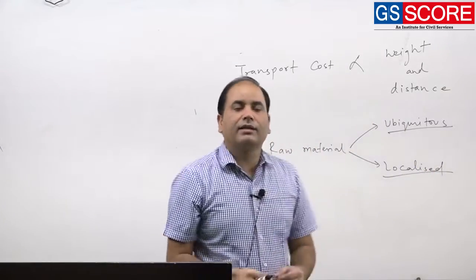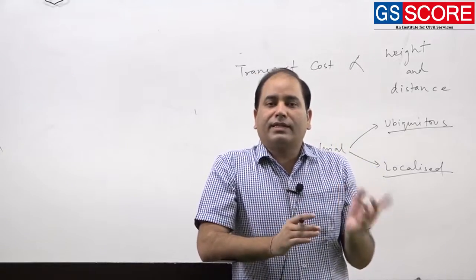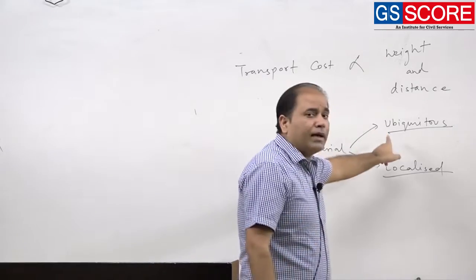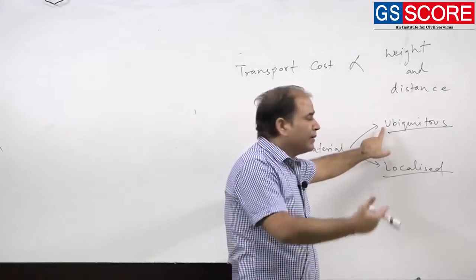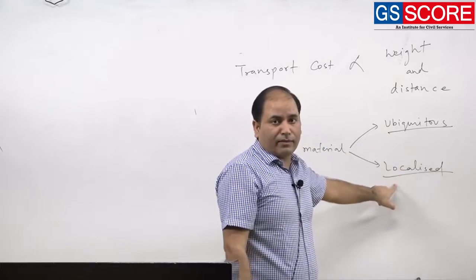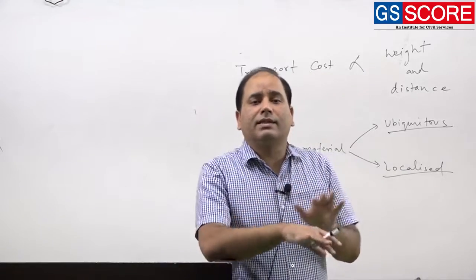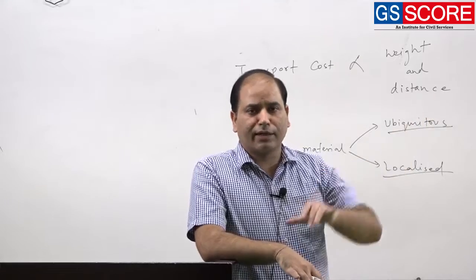Ubiquitous raw material is very simply the raw material that is easily available everywhere. So while setting up the industry, these raw materials will have very little role. Most of the industrial location will be based on localized raw material, that is, raw material which is not equally distributed at every location. These are associated with a certain location.